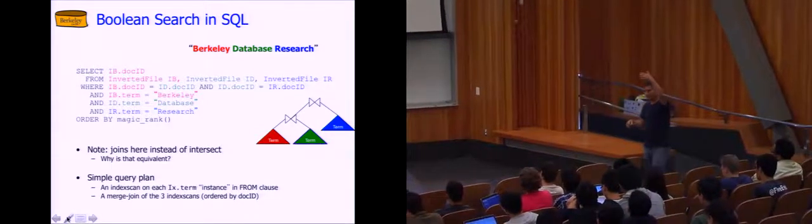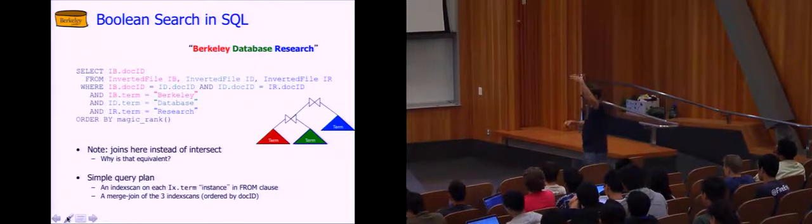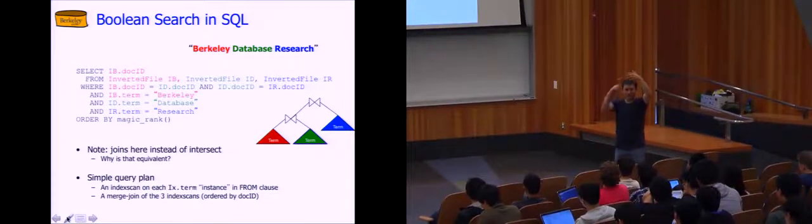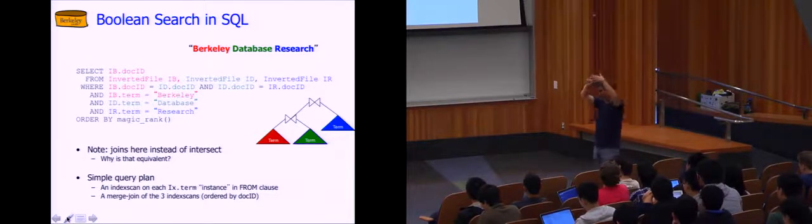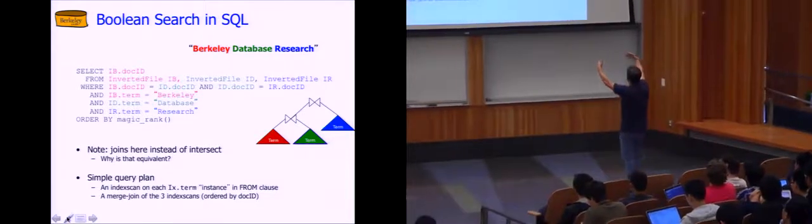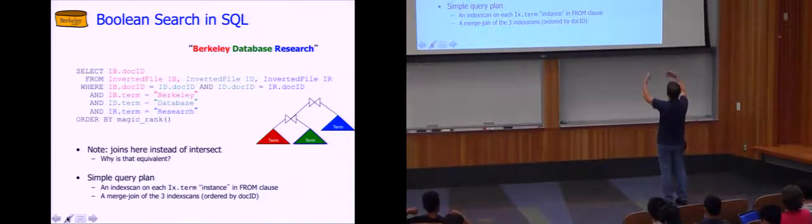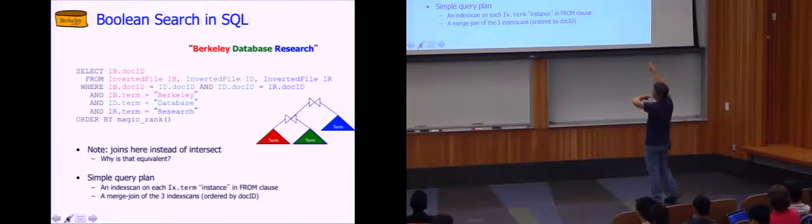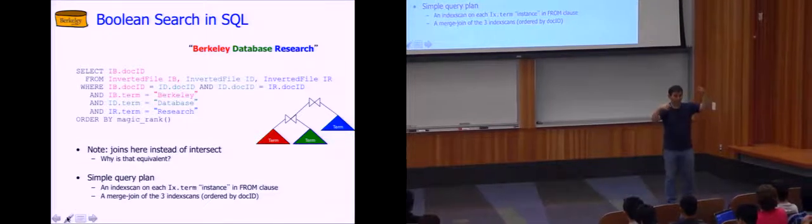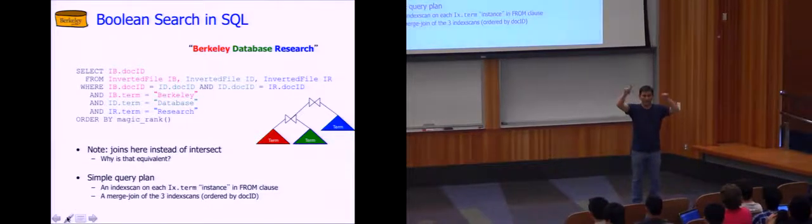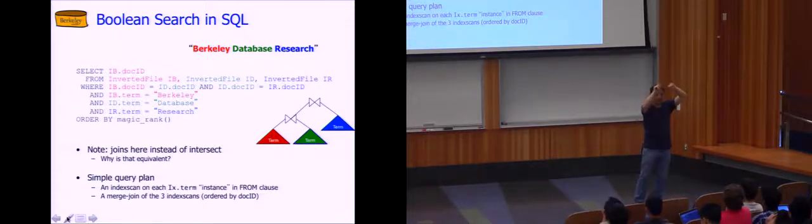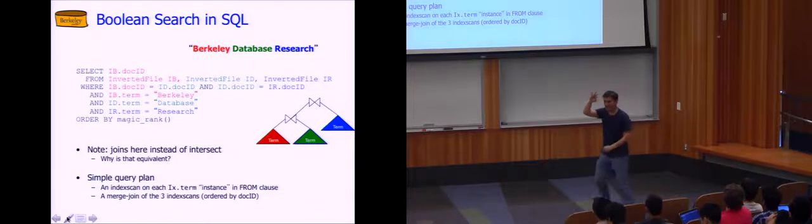So the word Berkeley occurs in my homepage more than once, but my homepage will still only appear once in the postings list for Berkeley, as of what we've seen. So there are no duplicates in these leaf nodes that we're merging, and when we merge them, whether you join them or intersect is the same because the cardinalities are 1. There's always only one of each doc ID in each list, so there's only one pair in the output when you join. So join and intersection both produce one output for matches and zero output for non-matches.